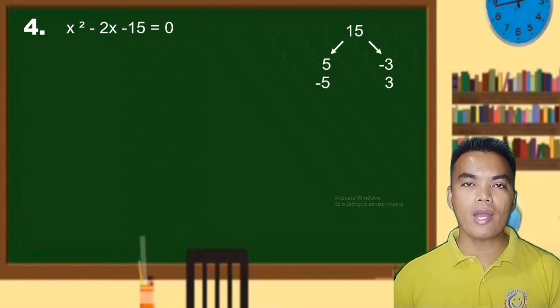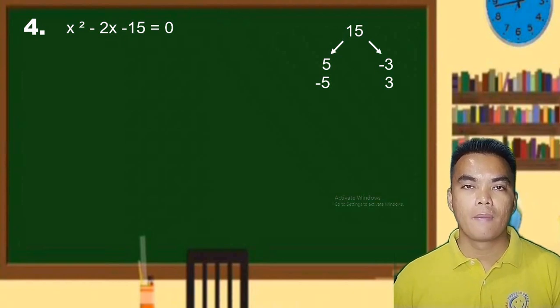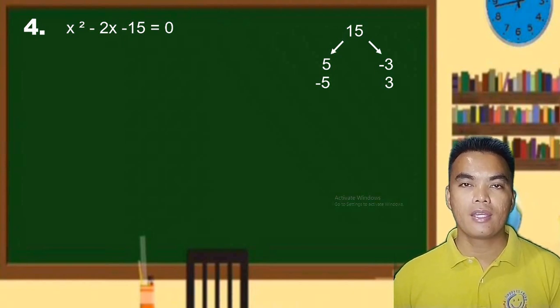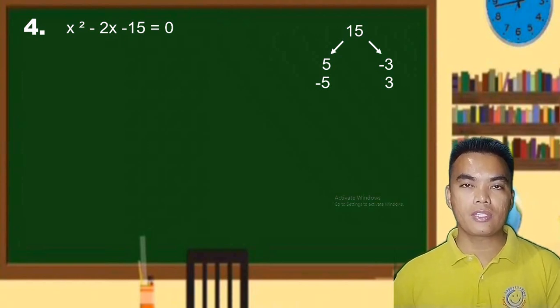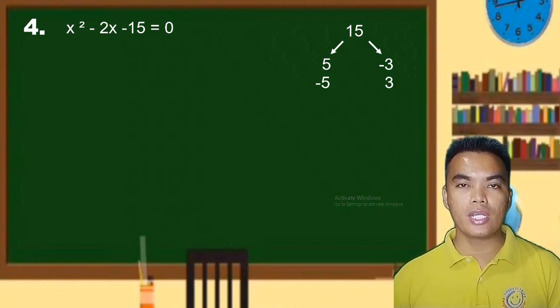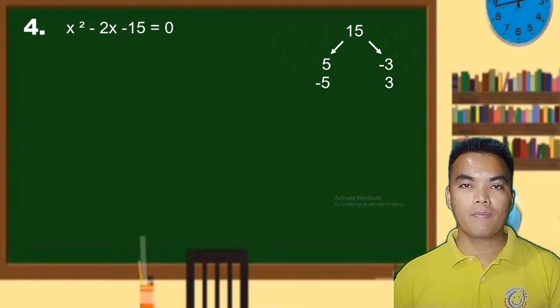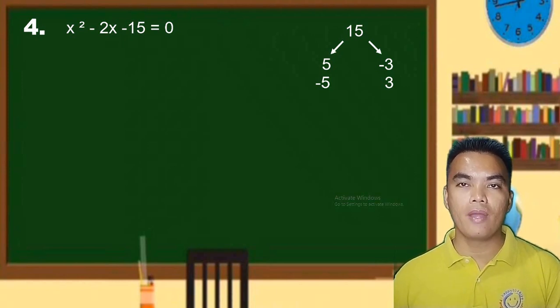So we can use 5 times negative 3 because 5 times negative 3 is negative 15. But 5 plus negative 3 is not equal to the middle term, which is negative 2. So we will try negative 5 times 3. Negative 5 times 3 is negative 15, and then negative 5 plus 3 is negative 2. So meaning, the factors of this given equation will be taken from negative 5 and 3.